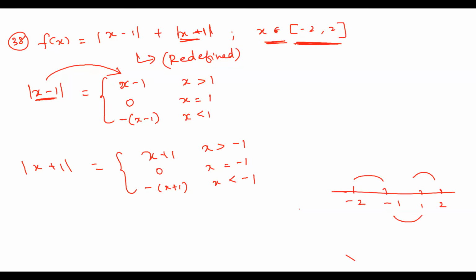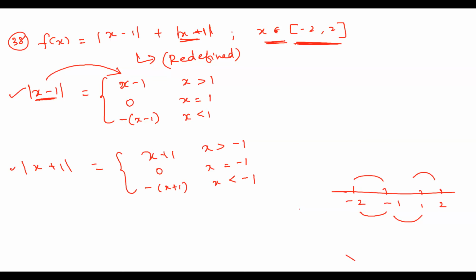Actually, it is a very good question, but mostly it is used in 12th standard. But listen to this here. Between minus 2 to minus 1, I'm checking for the values less than minus 1. So for less than minus 1, should I check the top one or the bottom one? Bottom one.